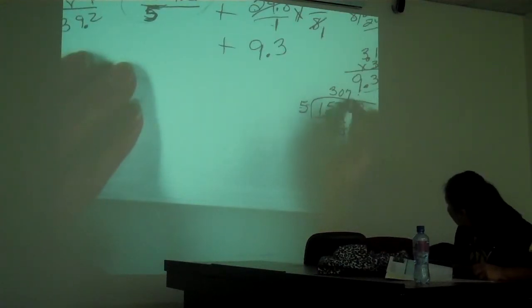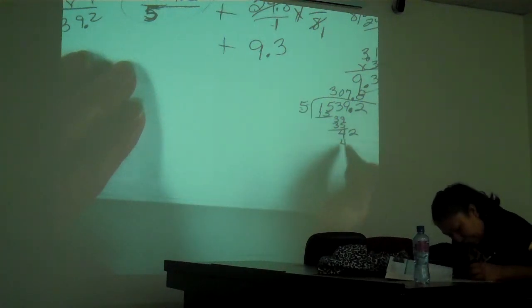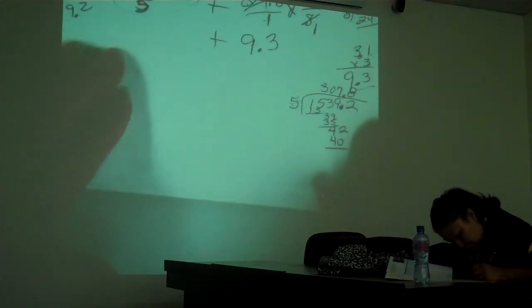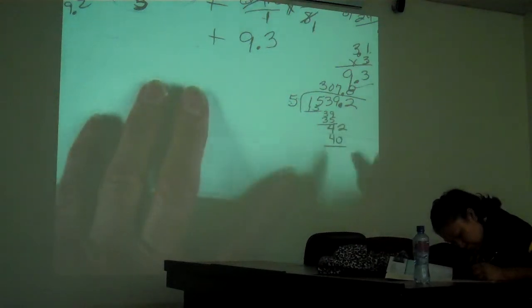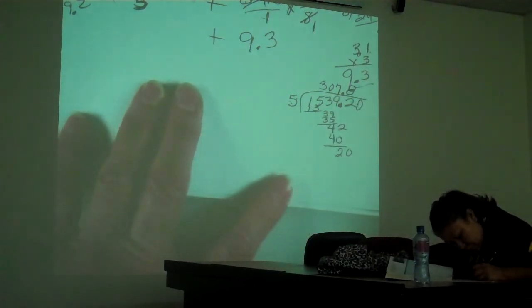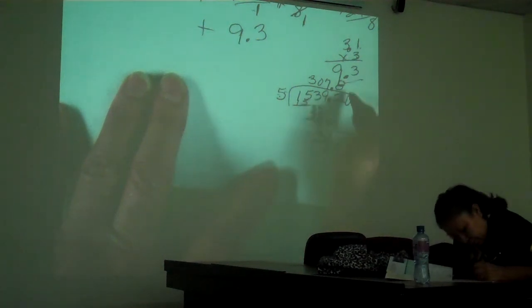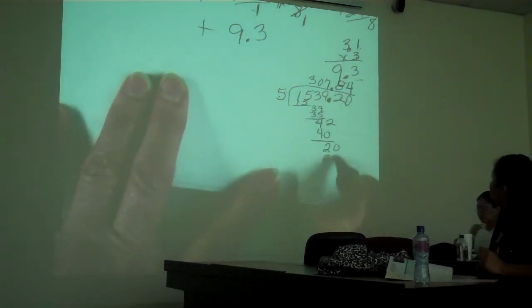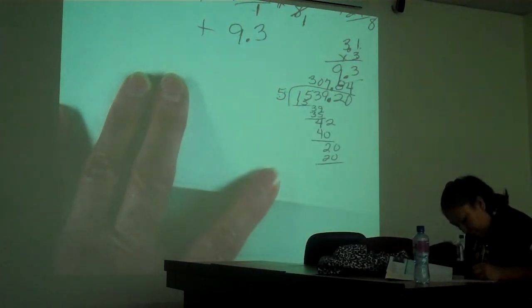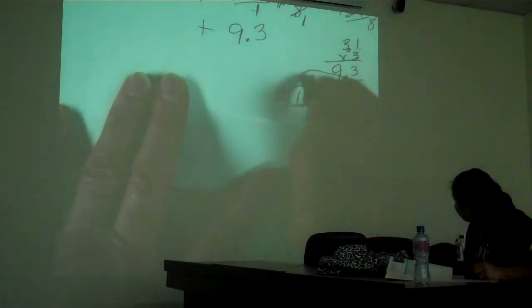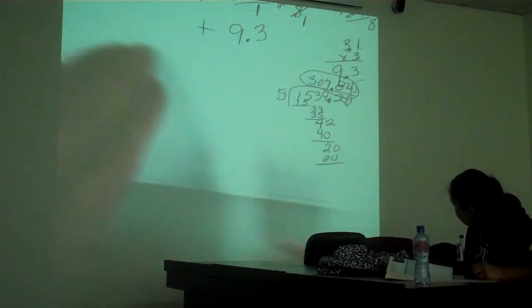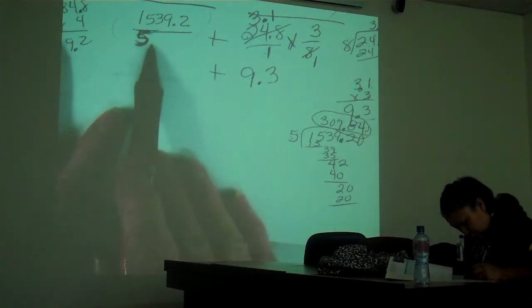We need to bring that decimal out right there. 8 times 5 is 40. Okay, 2, bring the 2 down. Add a 0. 5 into 20 is 4, right? And now you're done. So this number is your decimal for this right here.